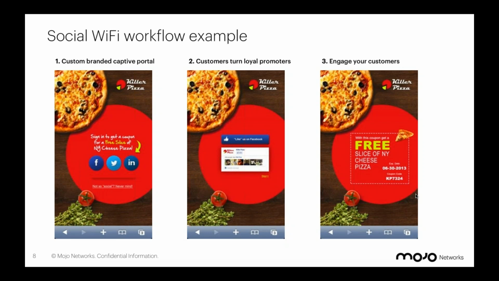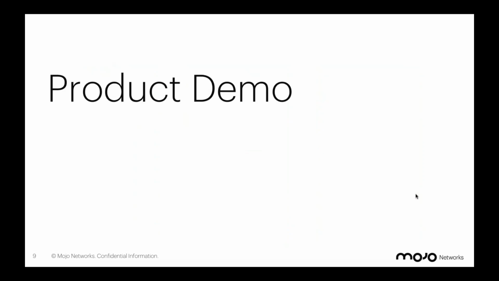And then later, and throughout that, you can further engage them with coupons, with other things. Some of those are displayed on the pages themselves that they see. Some of those can be SMS or MMS. So think about how you're engaging with your customers, and think how powerful that is. Over time, you can then use analytics to see how effective your campaigns are working for you, right?